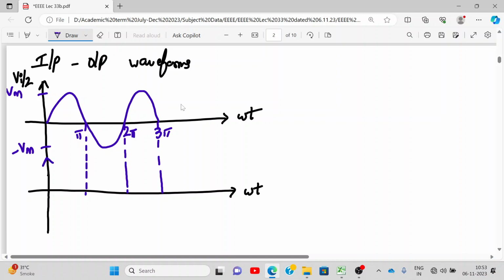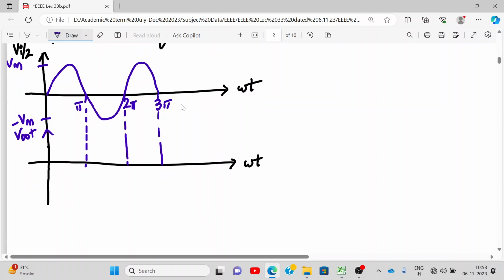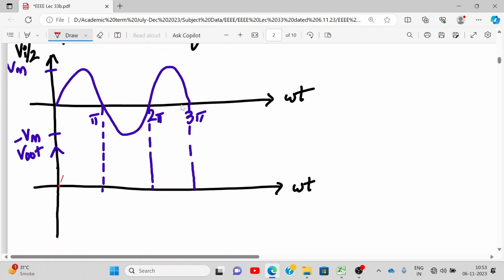Next I'm plotting V out. So how will V out be now? In the positive half cycle D1 is on, output will follow the input. In the negative half cycle D2 is on, output will follow the positive of the input. And the next cycle will repeat itself.